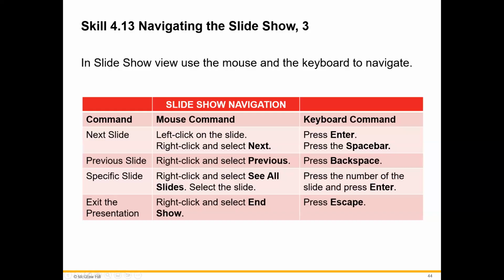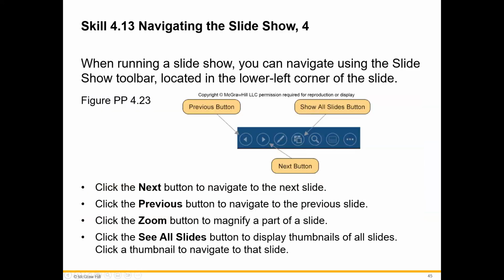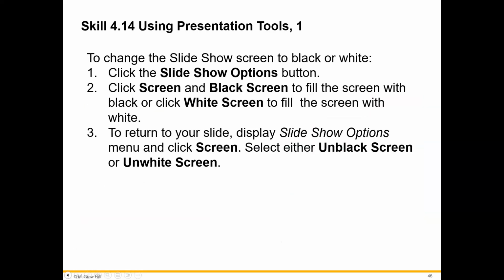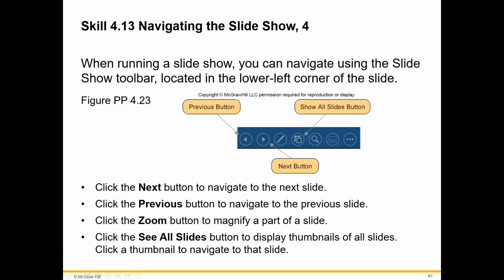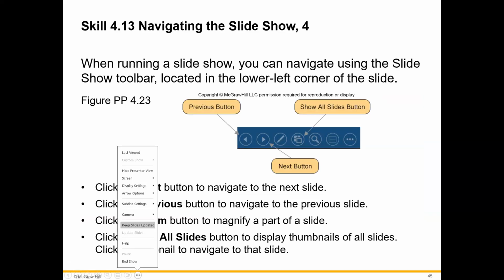I want you to look down here as well. These buttons are kind of hard to see, but you can also use these options to advance your slides. You see these little buttons, they're kind of grayed out. So you have more options right here too.